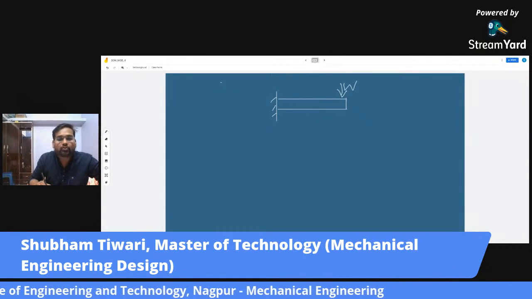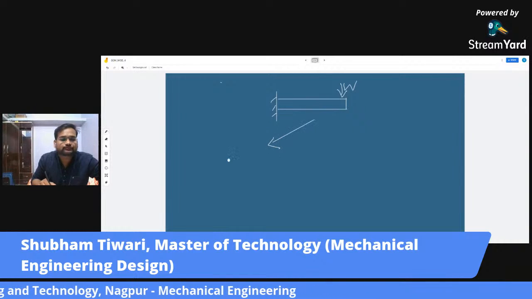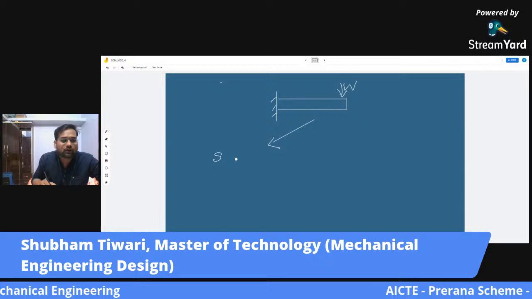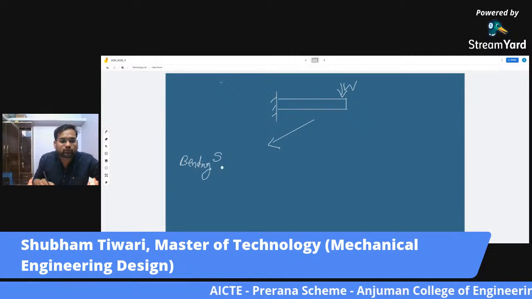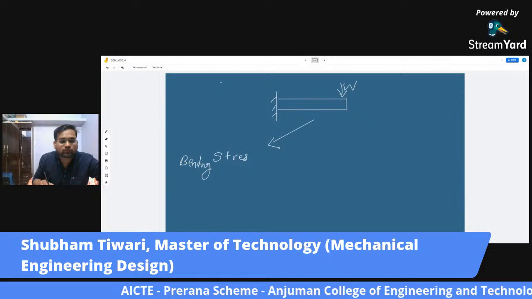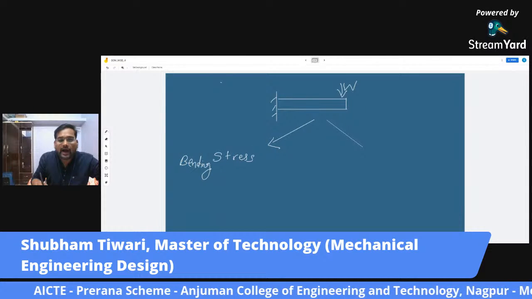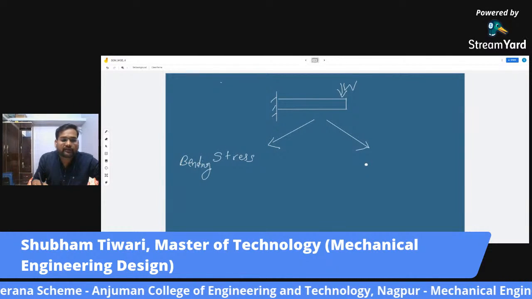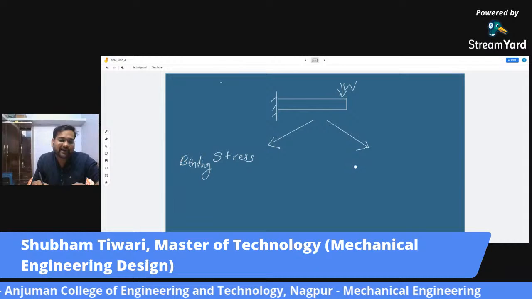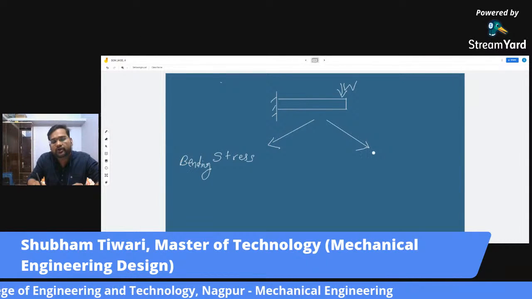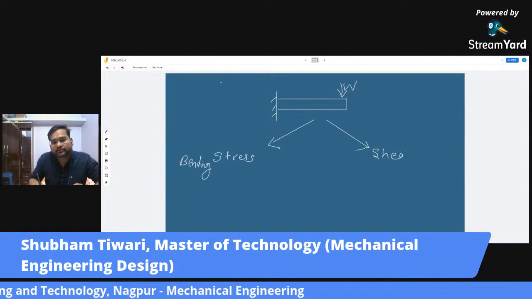The first way of breaking was bending stress, and the other way in which this beam can fail or break is because of shear stress.